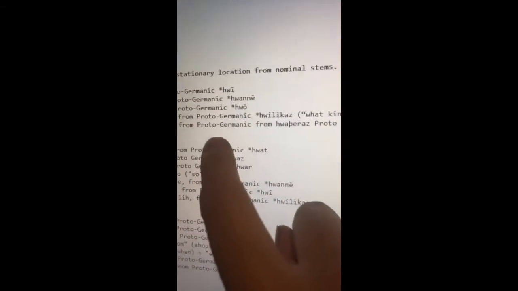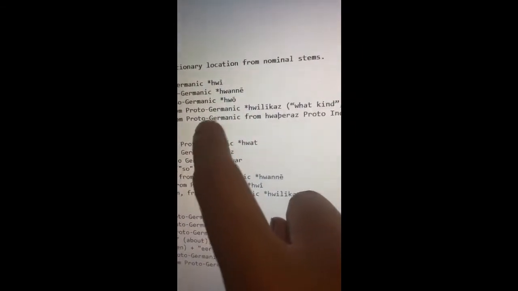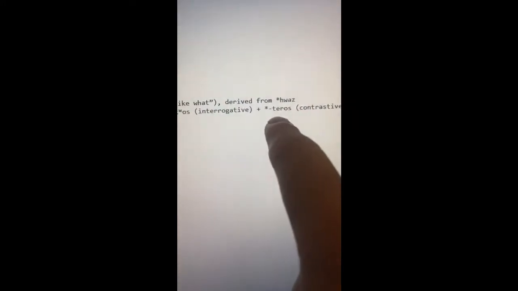So again, with the Proto-Germanic, proto is the proto-language spoken by the Germanic people. Proto-Indo-European is the proto-language spoken by the very initial Indo-European people that gave us the Slavic people, the Celtic people, the Germanic people. So this comes from Proto-Indo-European kwos plus teros. Teros is a contrastive suffix, which means you're saying this versus something else.